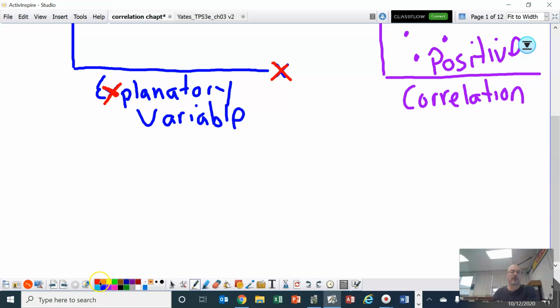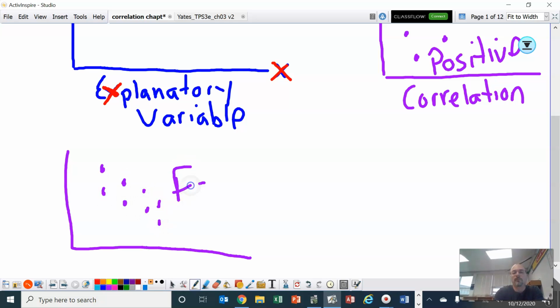So I think you know what's coming next, right? If the dots are going down, falling, that is a negative correlation.